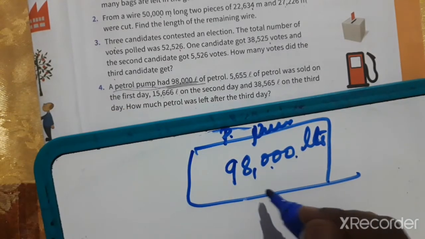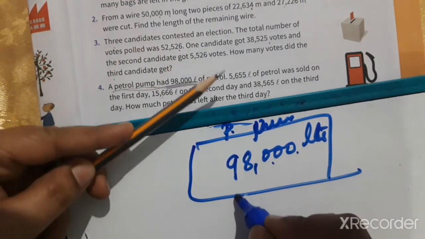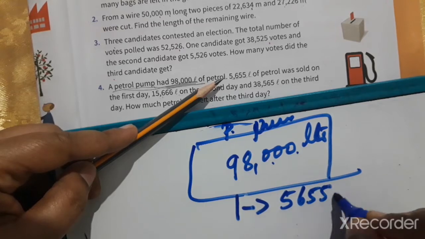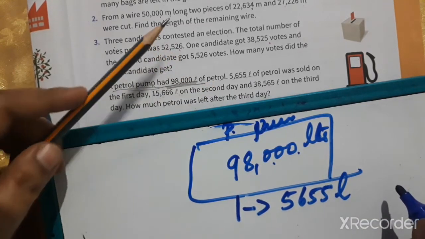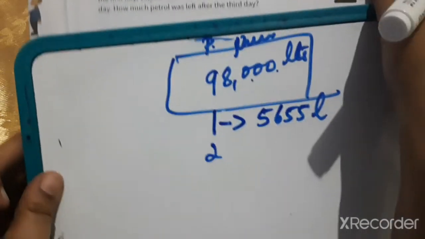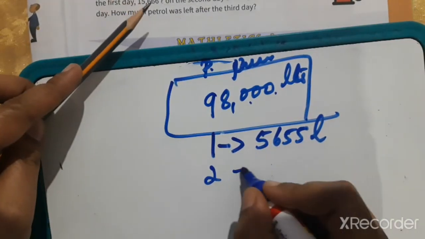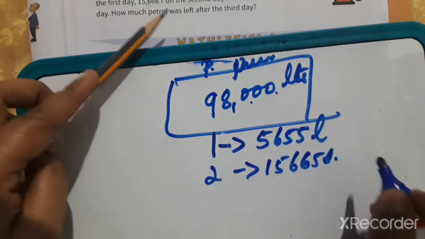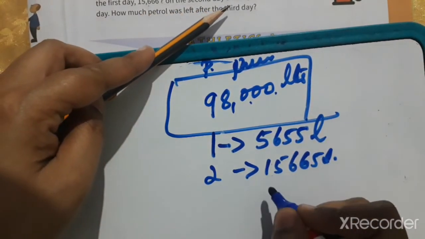This is given in the question. And first day 5,655 liter of petrol was sold. Okay, and second day 15,665 liters sold.